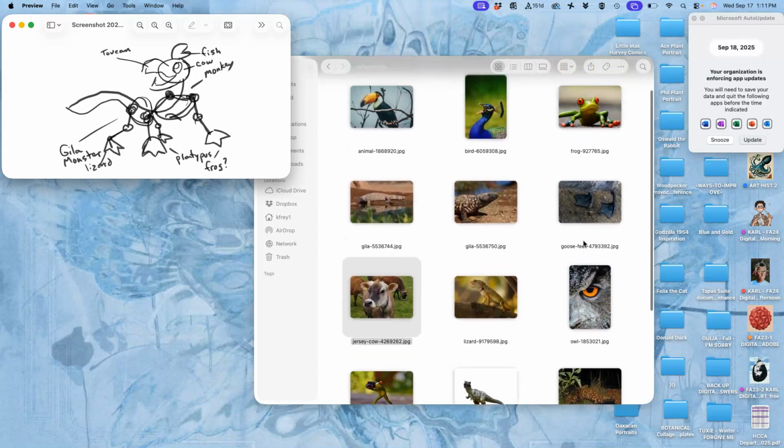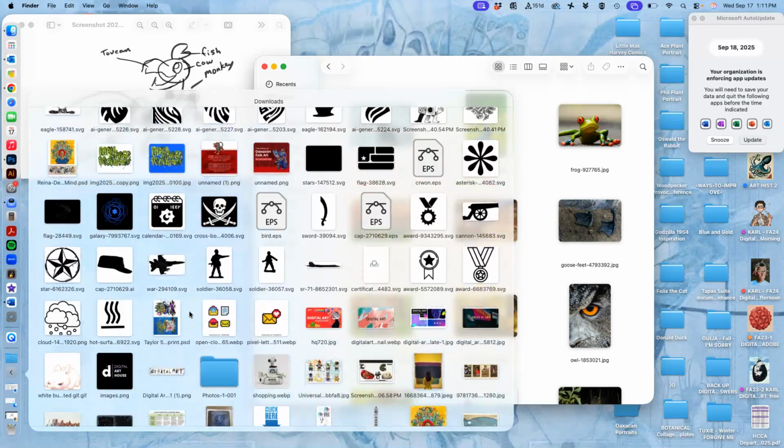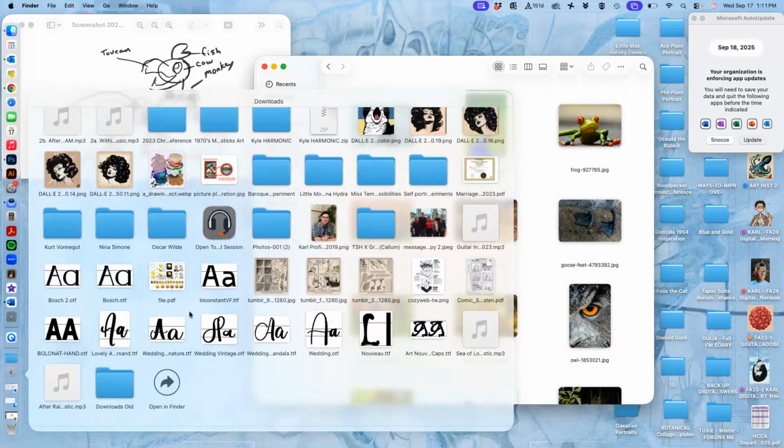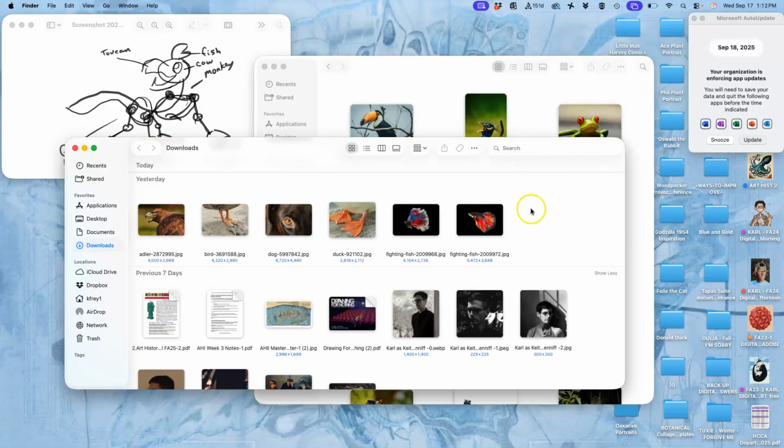Yeah, and Gila monster parts. So to add to this, let's get some more beaks here. The ones I got from Pixabay. I'm also getting some feet. I put those all into my reference folder.